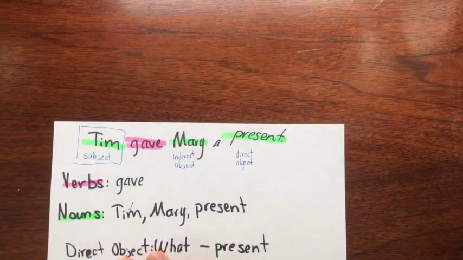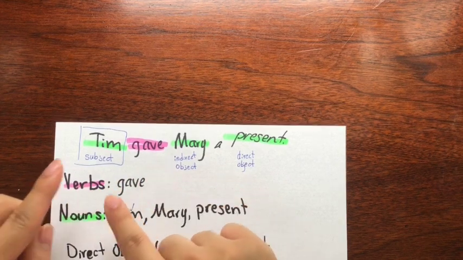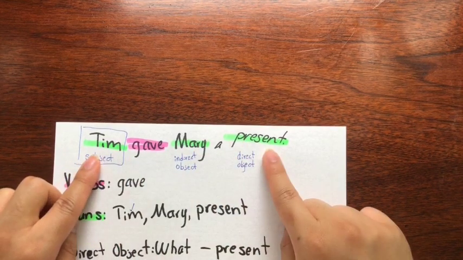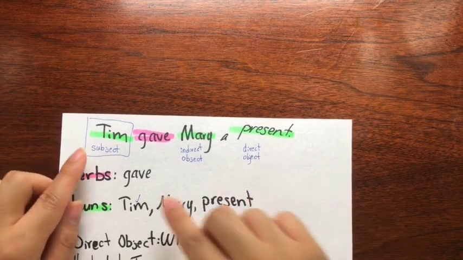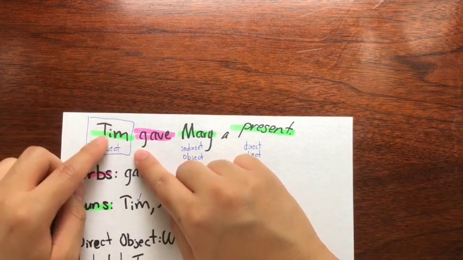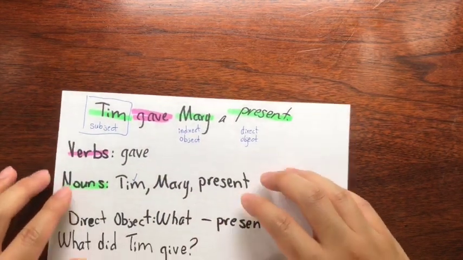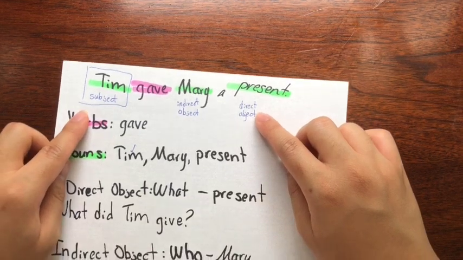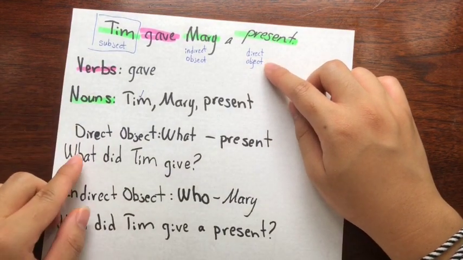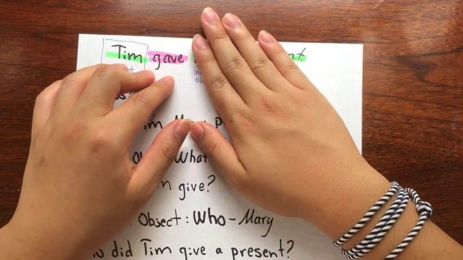Okay, so we identify the verb is gave. The nouns are Tim, Mary, and present. The subject is Tim. The subject is the person or thing that does the action. So Tim gave. The direct object answers the what question. Tim gave what?